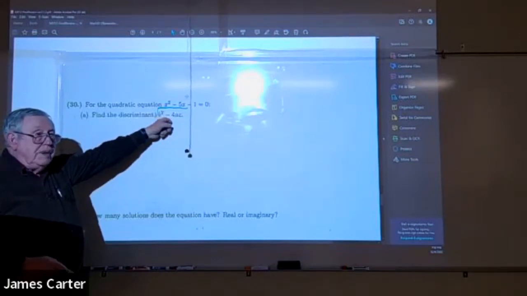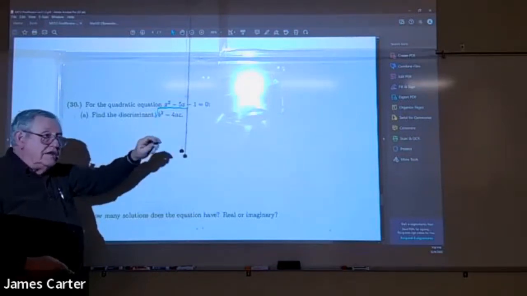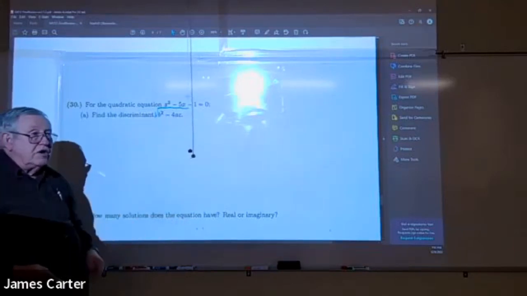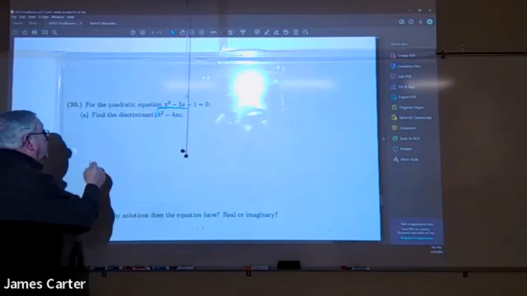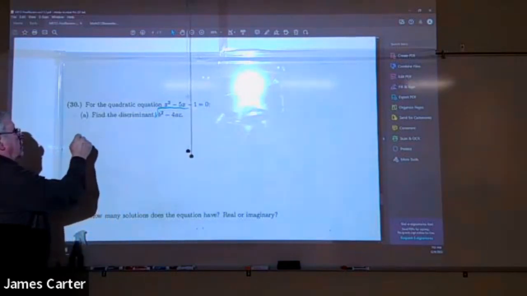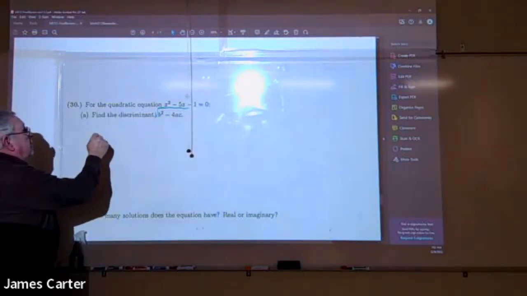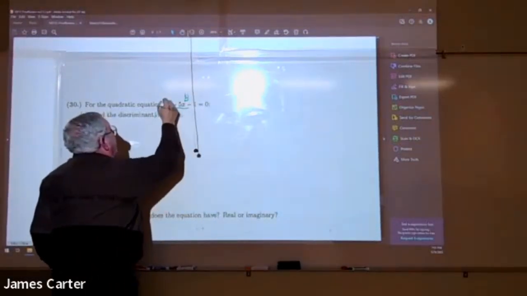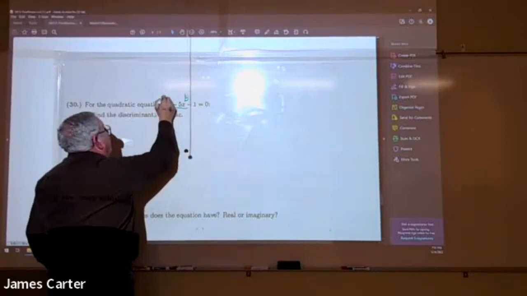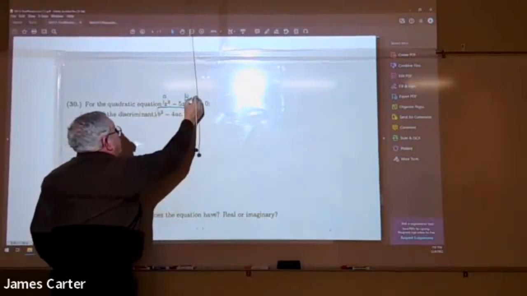Okay? If you get a positive number under here, then it can either be real numbers or irrationals. Or one real number, if it's 0. So, the discriminant in this is B, and that is A, that hidden 1 right there, and this is C.